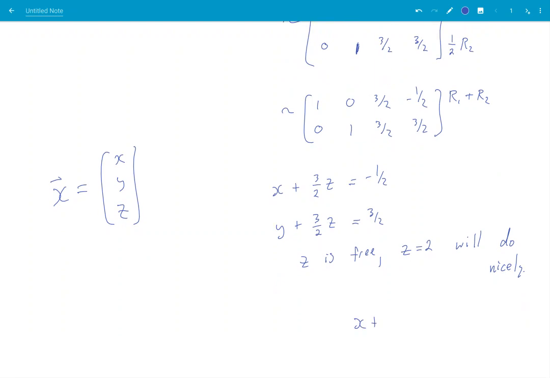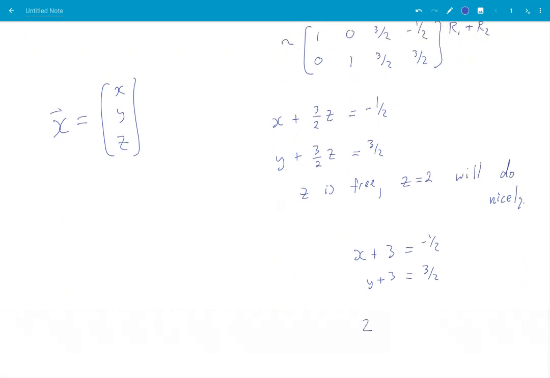So x plus 3 is equal to -1/2, y plus 3 is equal to 3/2, z is equal to 2. So we get x is equal to minus 7 over 2, y is equal to minus 1 over 2, z is equal to 2.